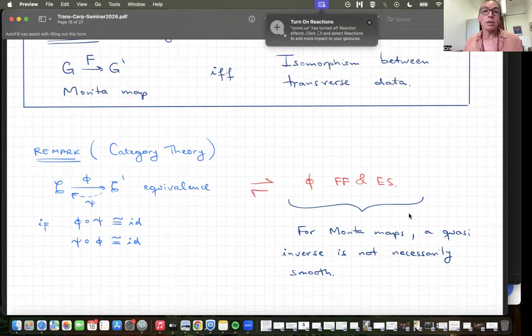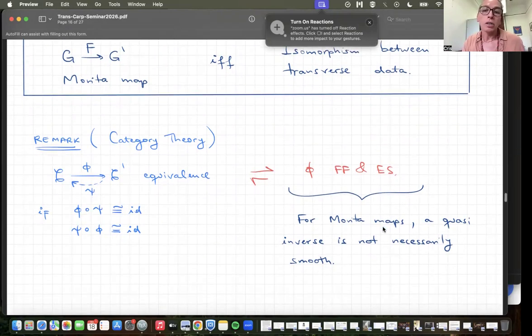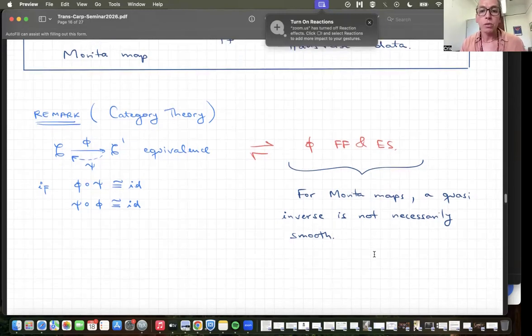But the point is that we are working in the smooth setting. So it is not necessarily true that a quasi-inverse of a Morita map is also a smooth map. Because of this, we will formally invert Morita maps, and this is precisely the notion of Morita equivalence.